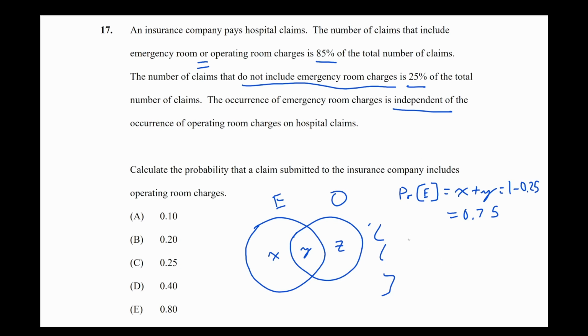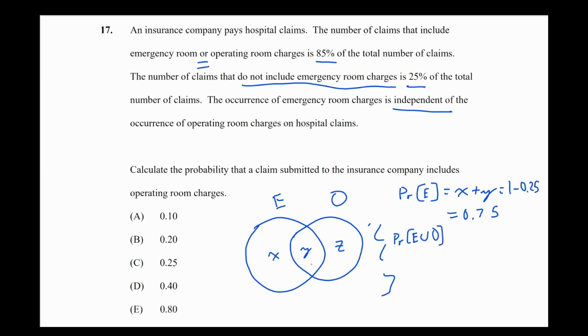Now let's start with the second sentence: the number of claims that include emergency room or operating room charges is 85%. So that means that the probability of E union O. Remember, we're using the union because the key word is "or," so that means it's not an intersection, it's everything included.